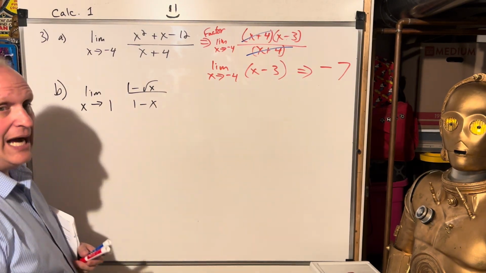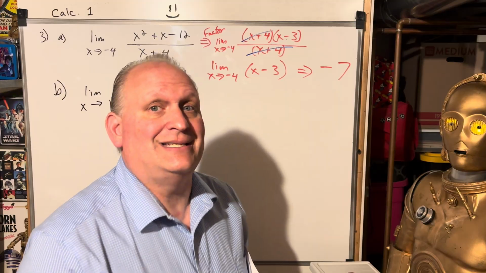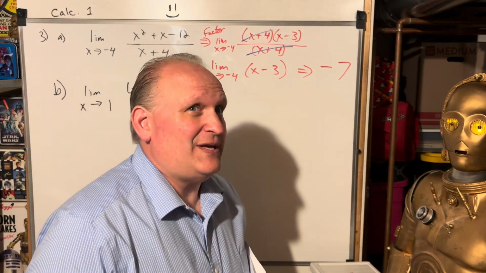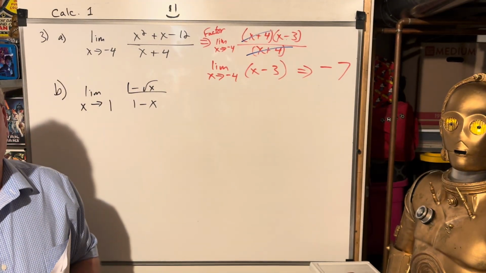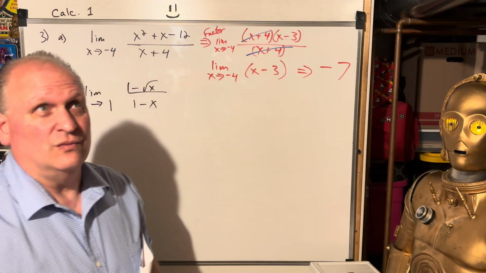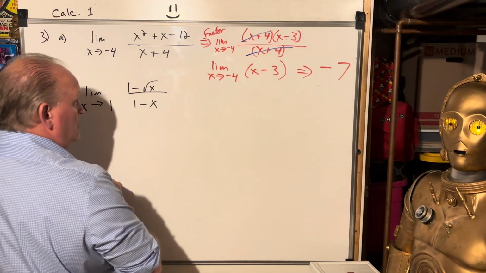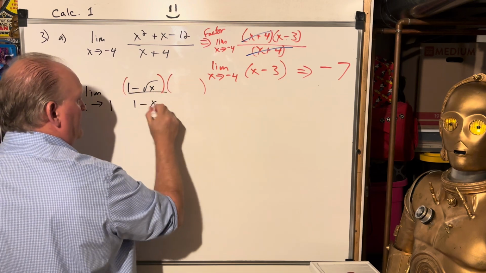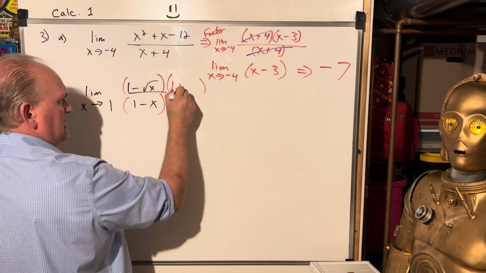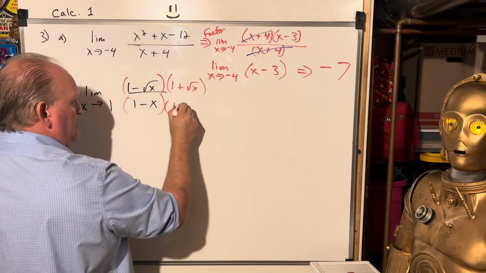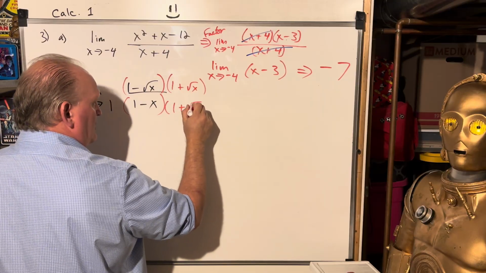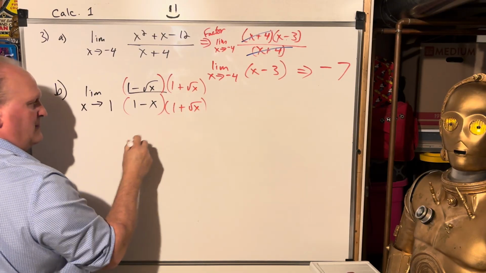I know in pre-calc you were really used to rationalizing the denominator, and maybe depending on how new your pre-calc class was, you did rationalize the numerator sometimes. But we're going to do the numerator here. We're going to multiply by the conjugate, numerator and denominator, and don't multiply it out on the bottom, just the top.